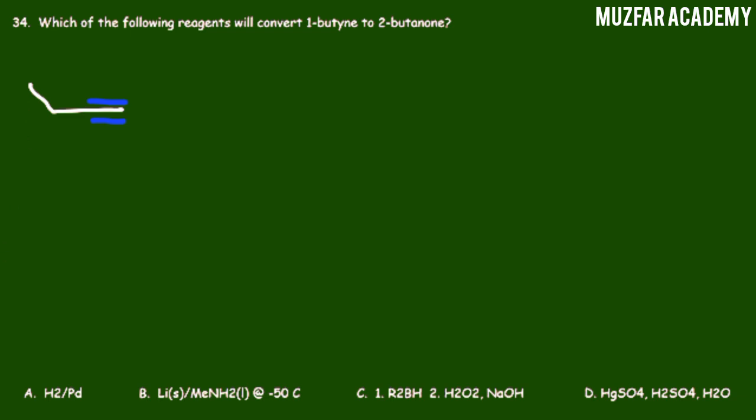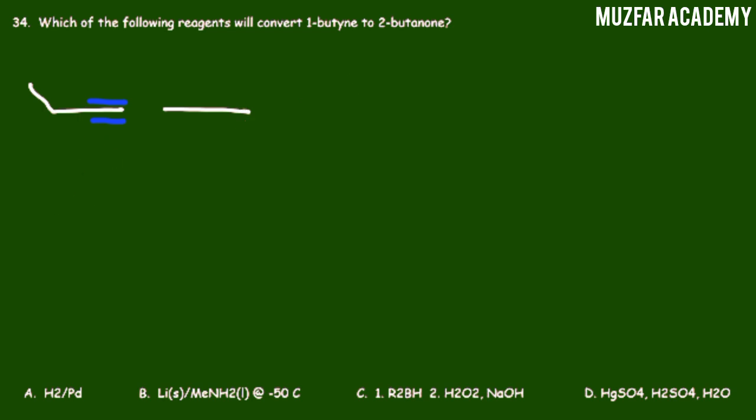The alkyne is on carbon 1, or between carbons 1 and 2. And we need to convert it into 2-butanone. How can we do this? How can we get the carbonyl group on this carbon here?